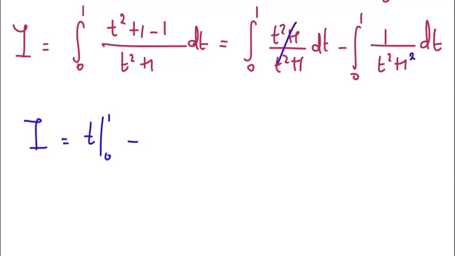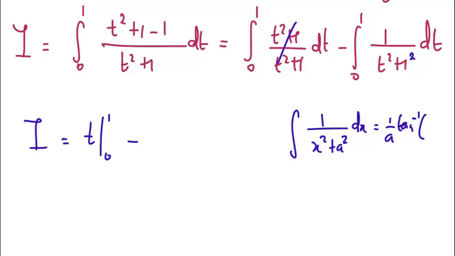Then we use this standard integral formula: the integral of 1 over x squared plus a squared with respect to x is equal to 1 over a multiplied by the inverse tangent of x over a, plus c. We can see here our a is equal to 1. Therefore, we're going to have just the inverse tangent of t, with limits from 0 to 1.